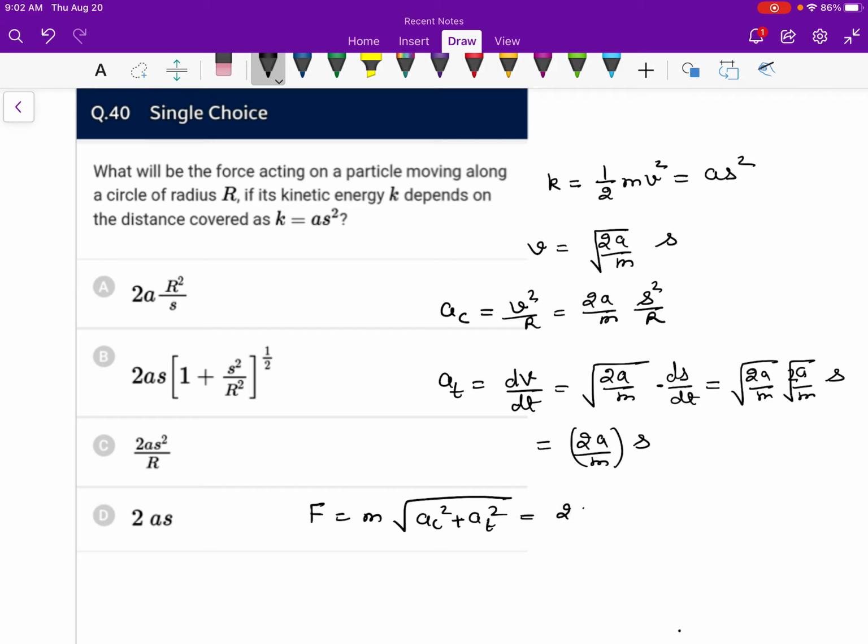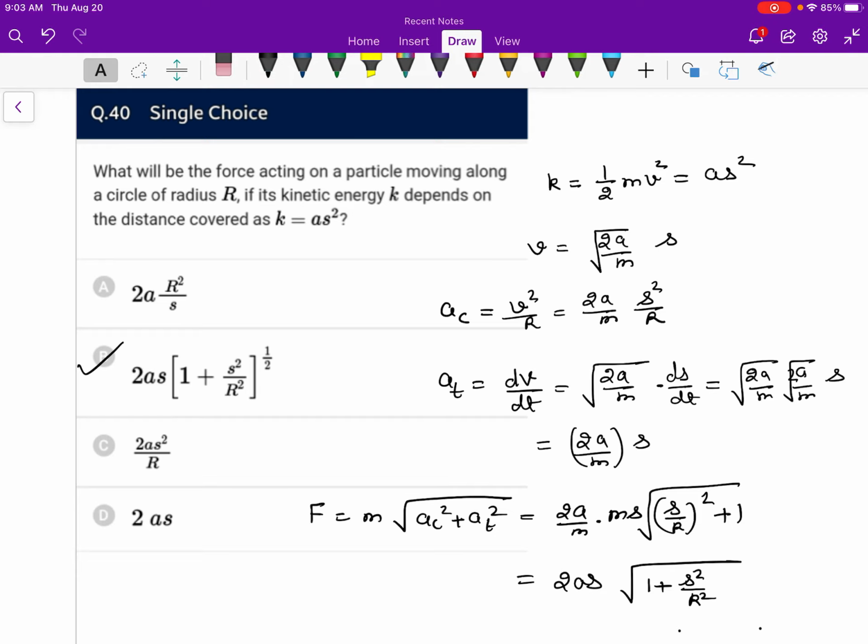So 2a by m is common, s is common, and in the bracket there goes s by r whole square plus 1 under root. So this is 2as times root of 1 plus s square by r square. So B is the correct option.